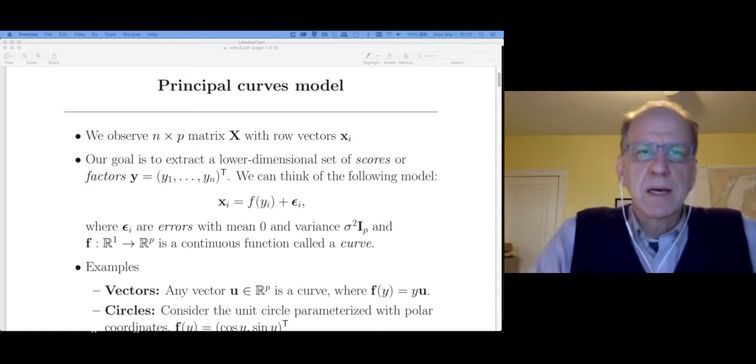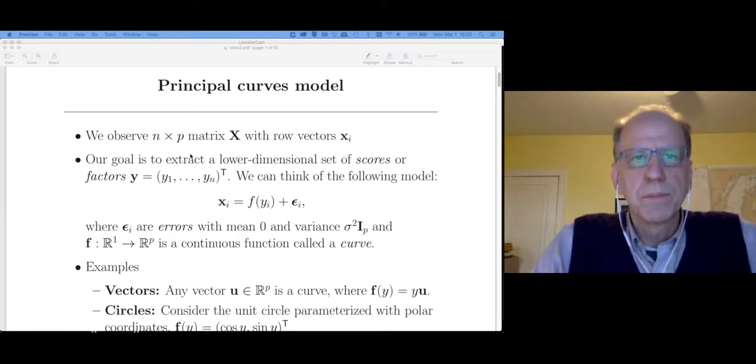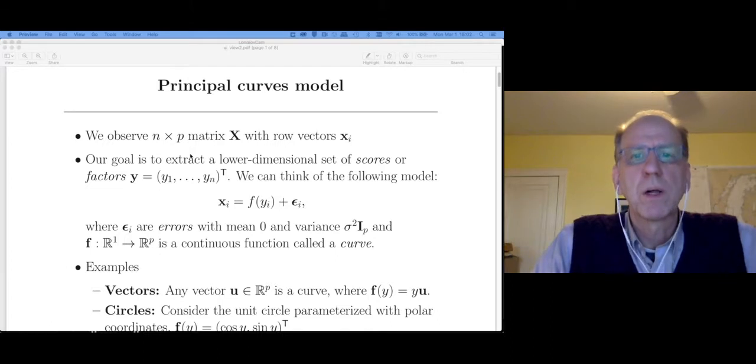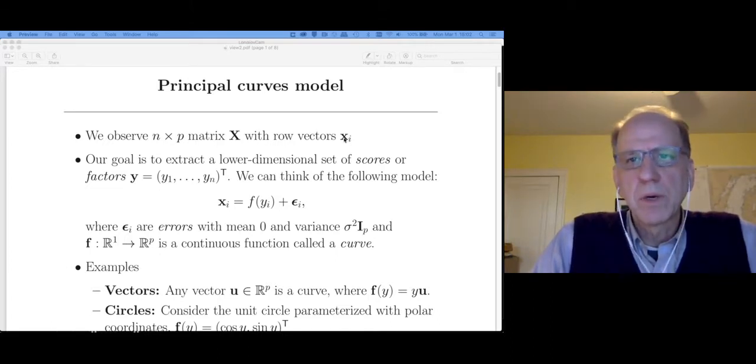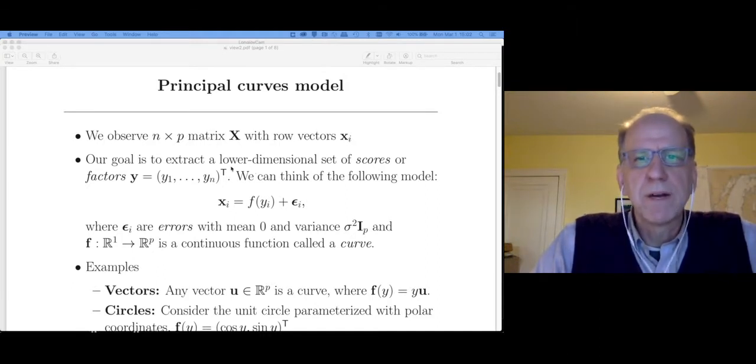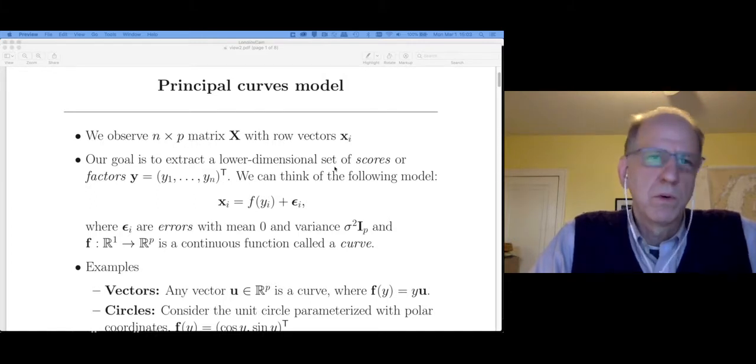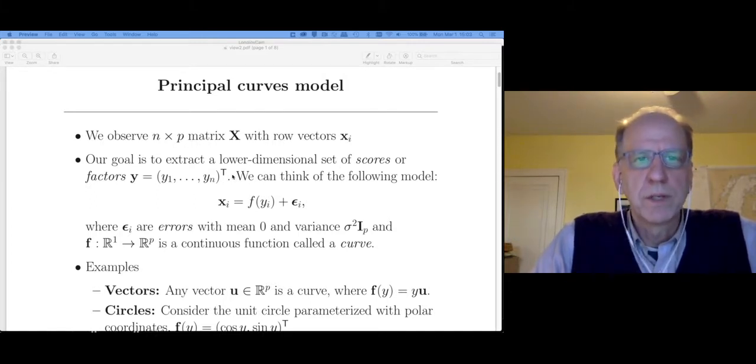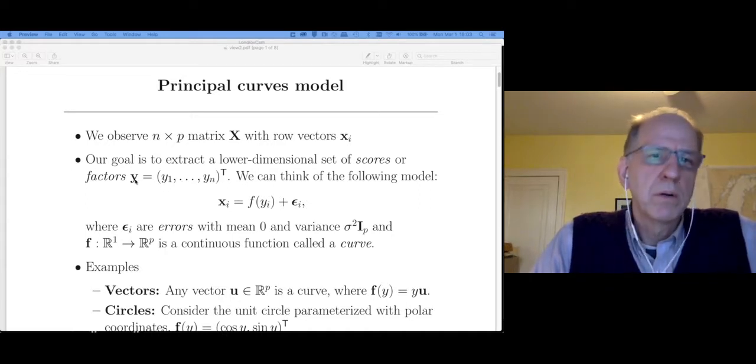As with PCA, I'm going to assume that we start with some n by p matrix, we'll call it X, and I'll use a lowercase bold x sub i to indicate the ith row vector, just as we did with PCA. Now our goal is to find some lower dimensional set of scores, or you could call them factors if you want, that I'm going to call y.